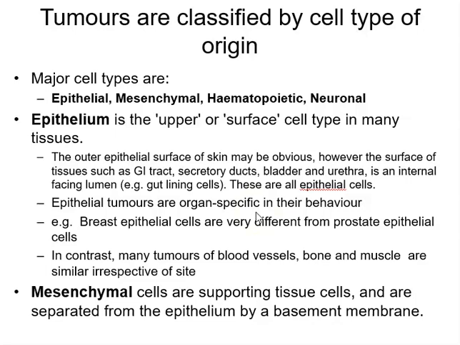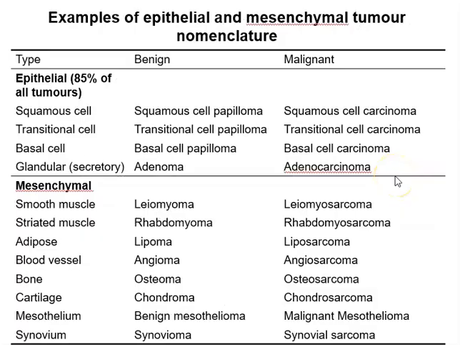They've got that classic arrangement of epithelium, basement membrane, and then mesenchyme. So we talk about epithelium as being one group of tumours, separate to mesenchymal tumours, also separate to the neuronal tumours and separate to the hematopoietic tumours. And as a result we have a naming system for all of these things, but I'm only going to burden you with epithelial and mesenchymal tumours.